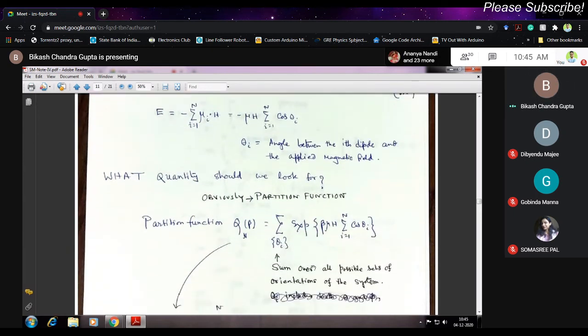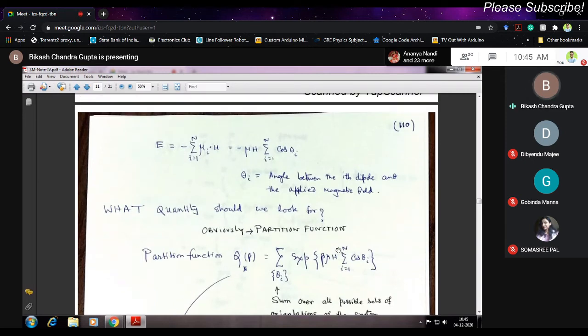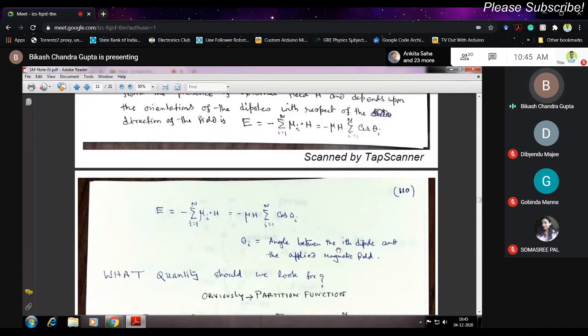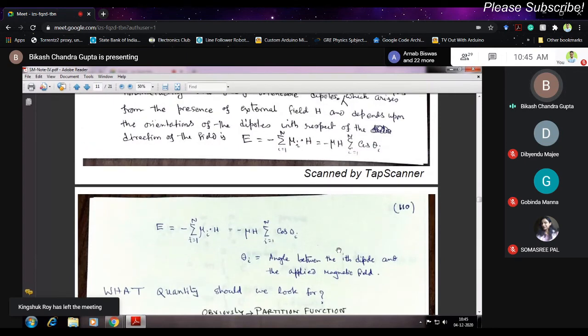Now look at this. I will ask you one question. Suppose I did not tell you this, you know what the canonical ensemble is. This is the energy of n particles, and the n particles are at different angles with the direction of the magnetic field.